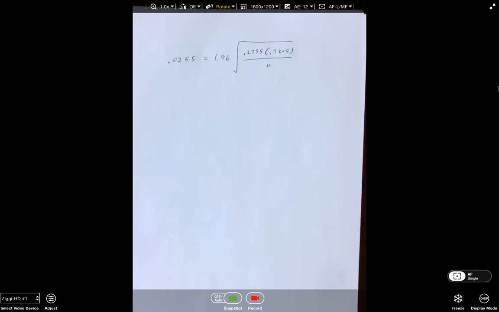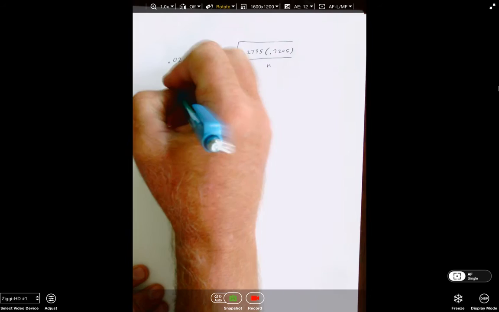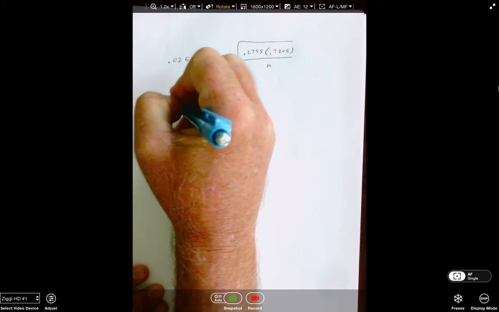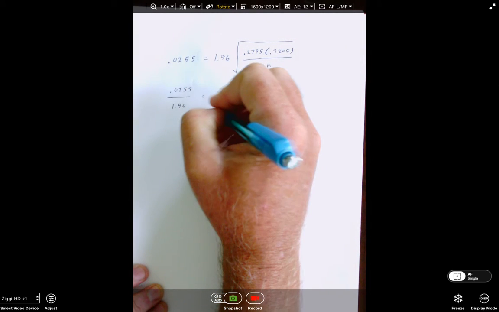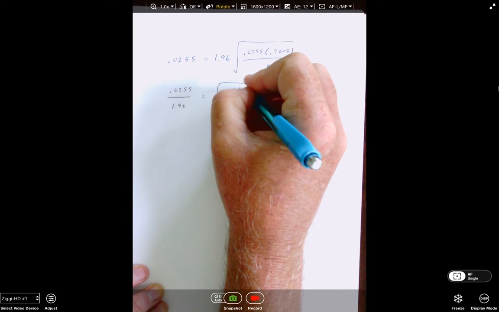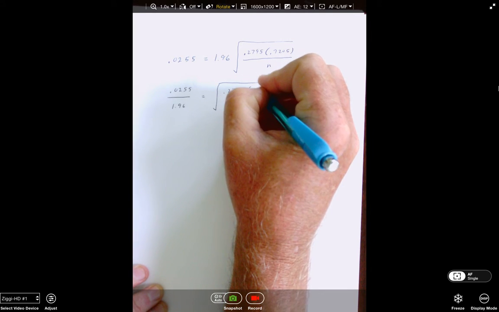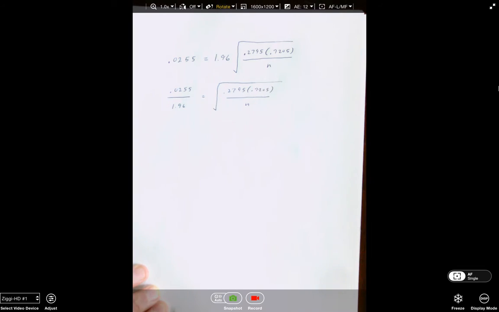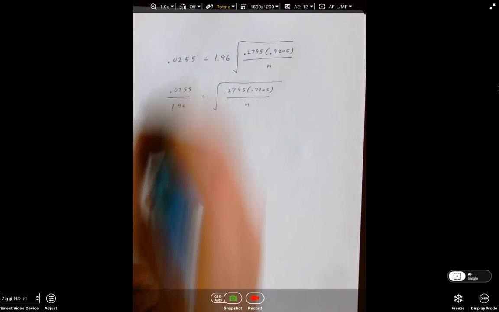What's the sample size that created that? We got to solve for n. All right. First thing I'm going to do here is I'm going to take 0.0255 divided by 1.96, and then I'm going to realize that I've got everything over here. It should be reasonable that we square both sides.